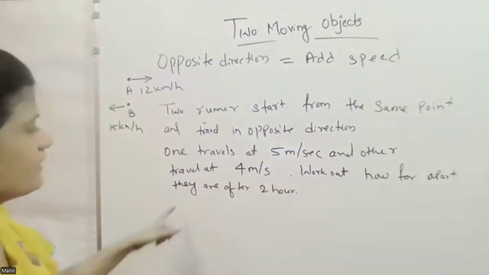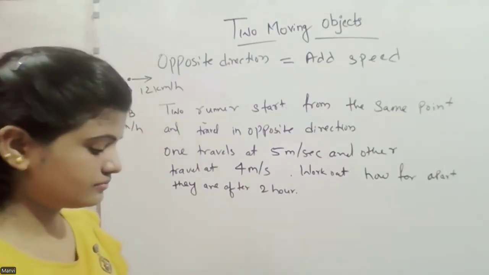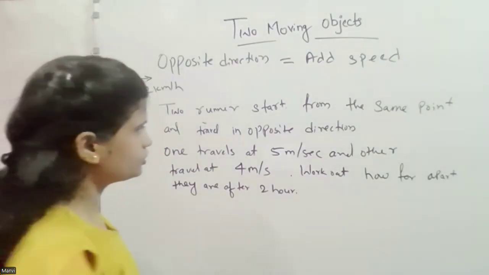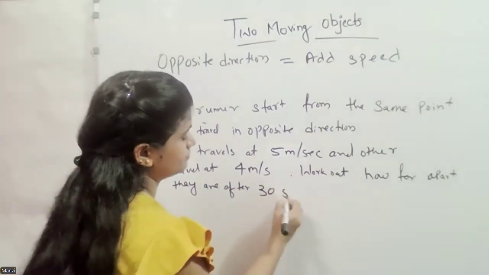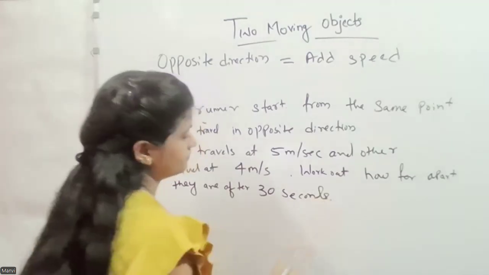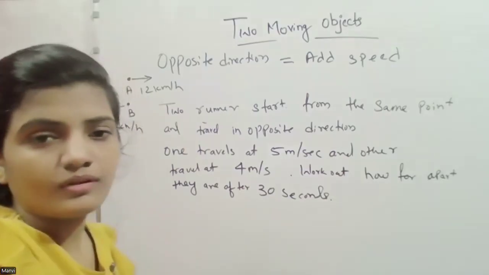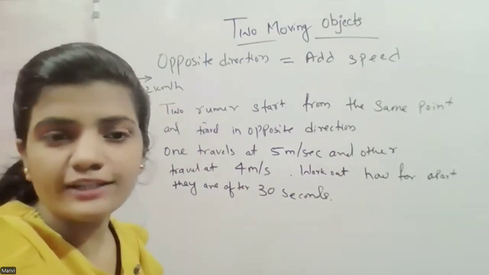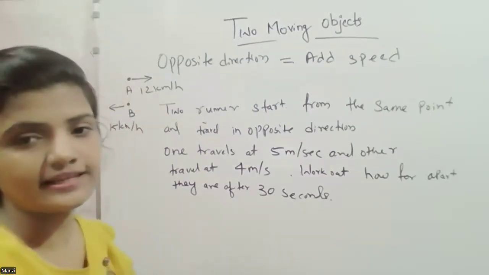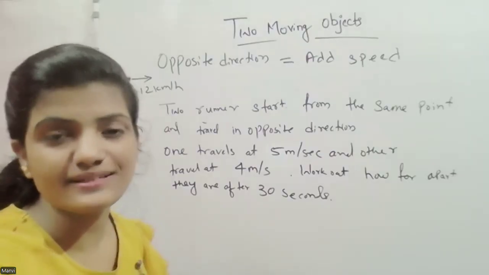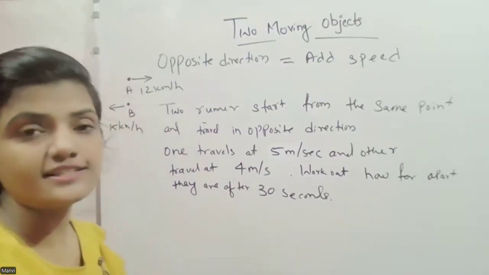So work out how far they are after 2 hours. Not 2 hours, let me give the time in seconds so the calculation becomes easy. Please try to calculate. Two runners start from the same point and travel in the opposite direction. One travels at 5 meters per second and the other at 4 meters per second. Work out how far apart they are after 30 seconds.